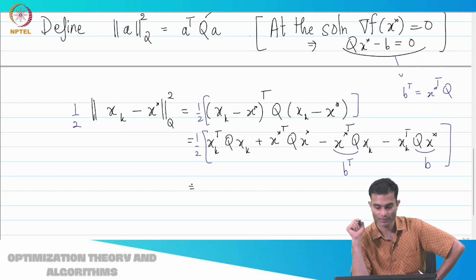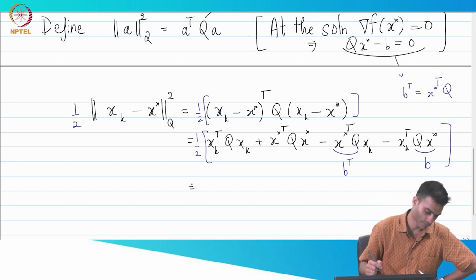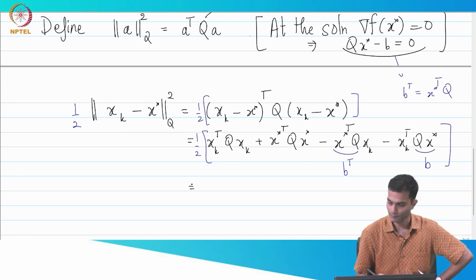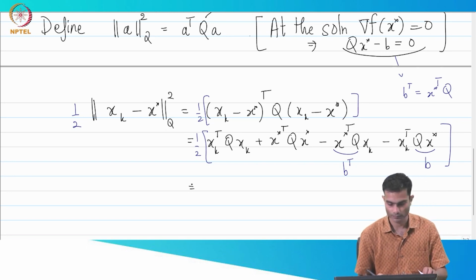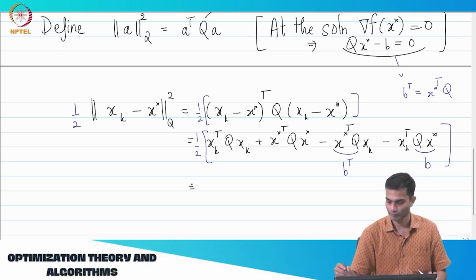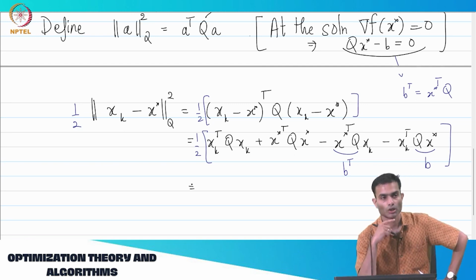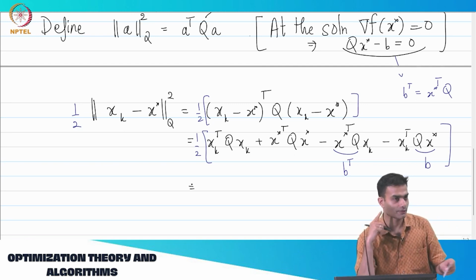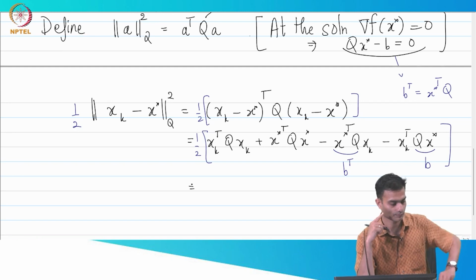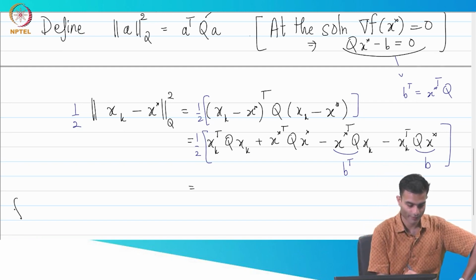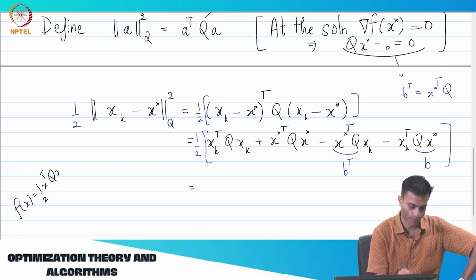Am I seeing those terms anywhere? Do I see a f of xk anywhere? What was f of x? Let's write that once again. Half x transpose qx minus b transpose x.